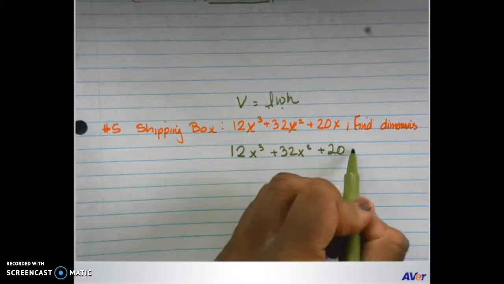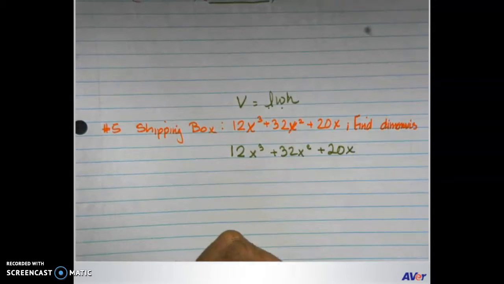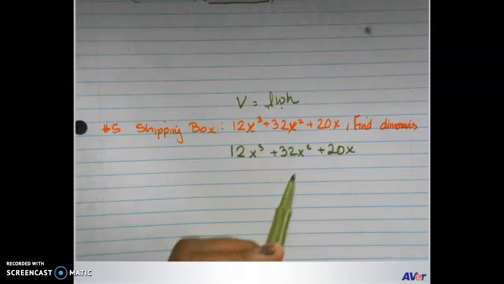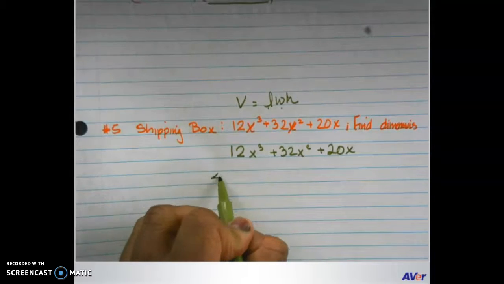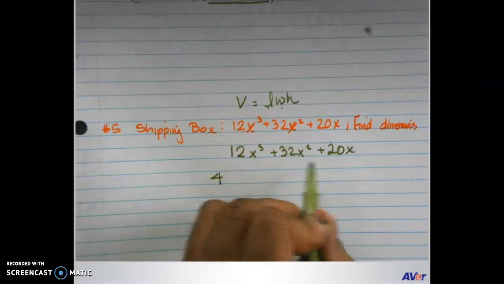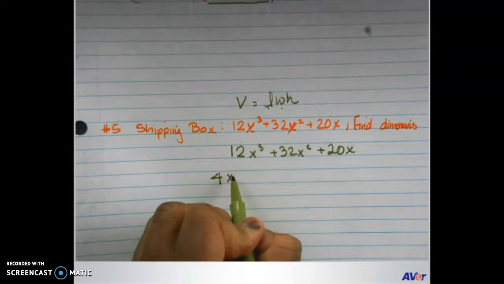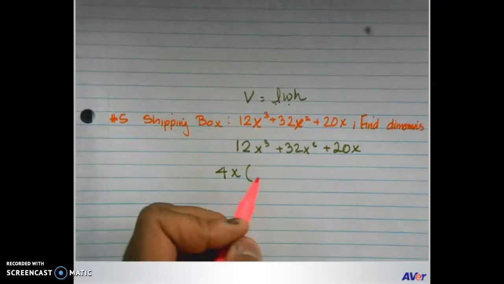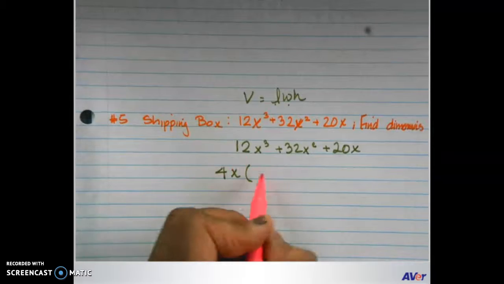And I'm first going to look to see, is there a GCF? And there is. What goes into 12, 32, and 24, if I'm right? And then they all have at least one X in common, so I'm going to pull out one of them from all terms. And then I'm going to look at my leftovers. 12 divided by 4 is 3.